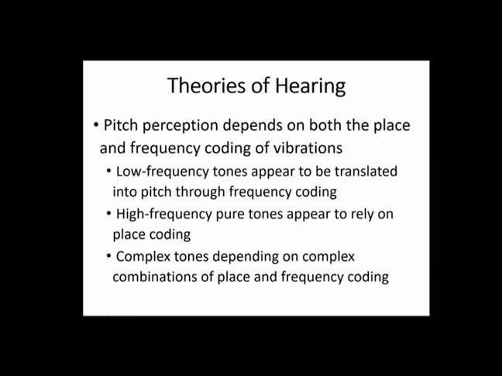So low frequency, lower pitch tones will vibrate the whole membrane at a much slower rate, and that seems to be what we're attending to. Higher frequency tones seem to rely on place coding. So what location along the membrane is vibrating the most? What specific place vibrates along with that sound?